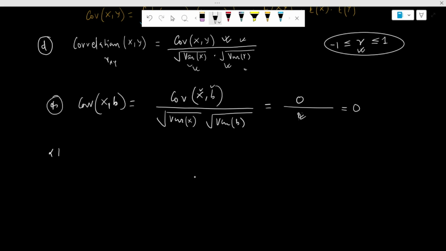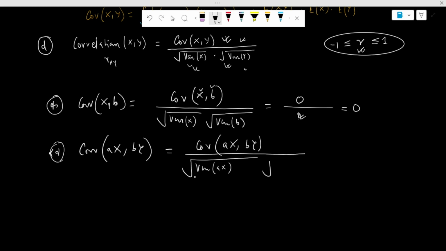Now let us see another property that is related to the scaling of the variables. Let us say we want to calculate the correlation and we want to scale the variable x by a and variable y by b, and we are going to calculate the correlation coefficient. Again, let us put it into the formula.